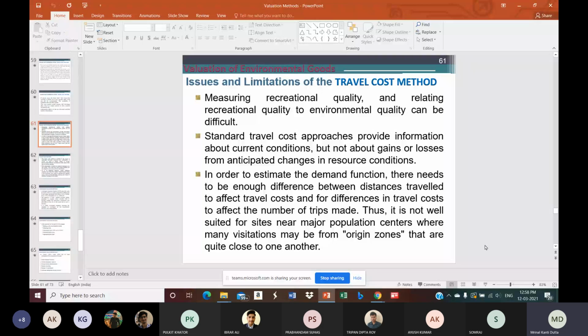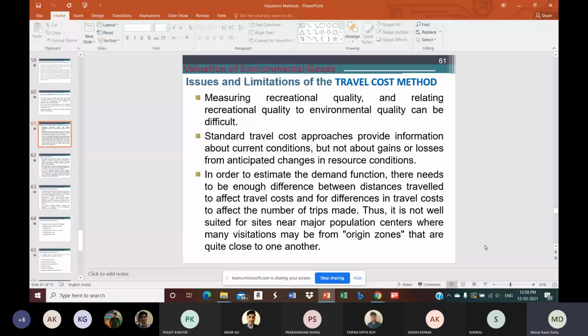And if the demand function cannot be properly estimated, then the benefits or values derived out of this may not be very meaningful or useful for making a conclusion. That is why it is said that it's not well suited for sites near major population centers, where many visitations may be from origin zones that are quite close to one another.